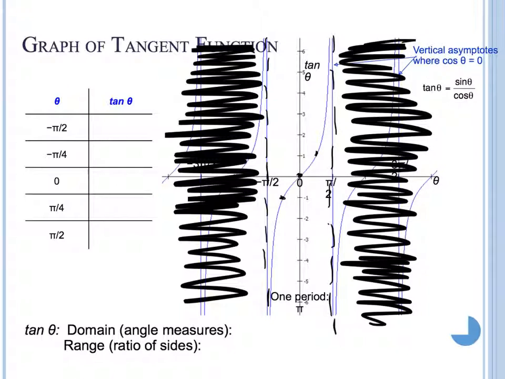Well, this would be where plugging in other values, like where we were at pi over 3, and then maybe plugging in something a little closer, because at pi over 2 we were already undefined. So I need something maybe in here, maybe in here, to help me get an idea of what this graph does, to know that we're going off. An asymptote tells me I'm headed towards infinity or negative infinity. It's a guide.